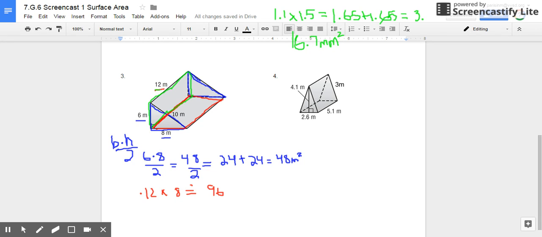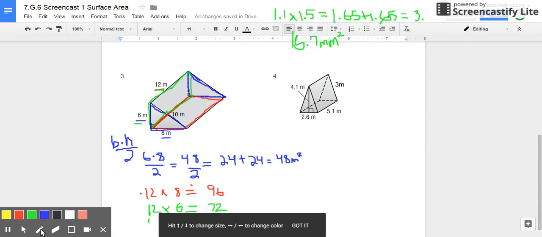So the top right here is 12. The other side of the rectangle is 6. So then we have to do 12 times 6. And again, as you can see, it doesn't mean that all of these rectangles are the same area. So 12 times 6, we get 72. And that's 72 meters squared. I'm just going to wait and write it at the end.